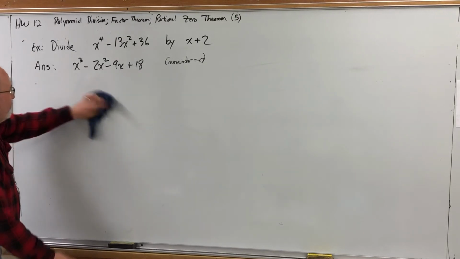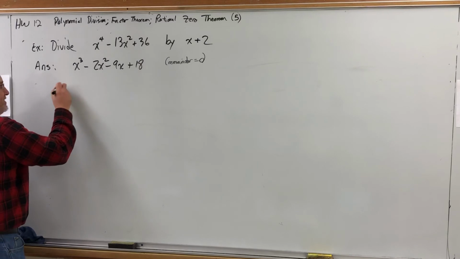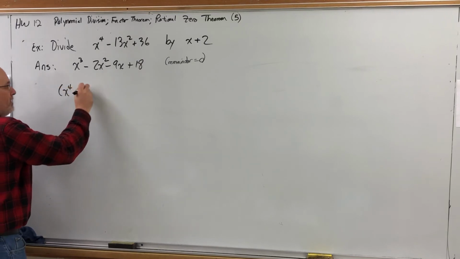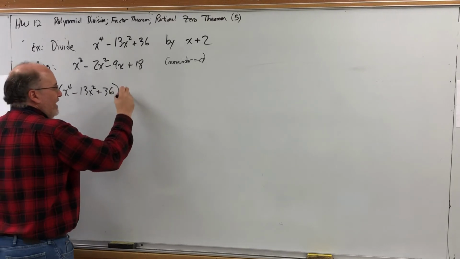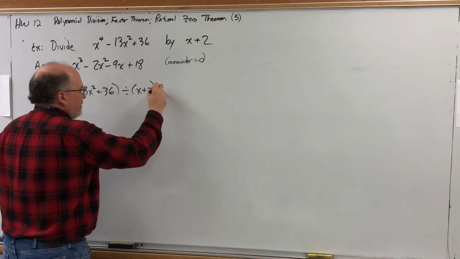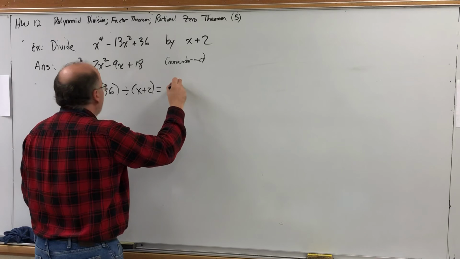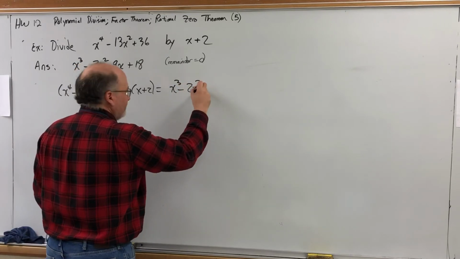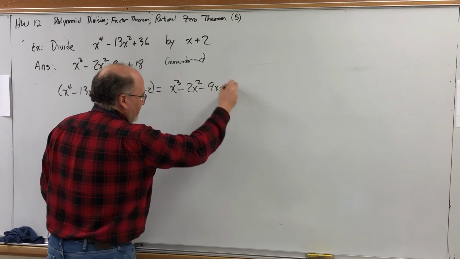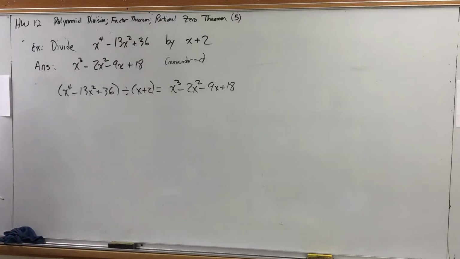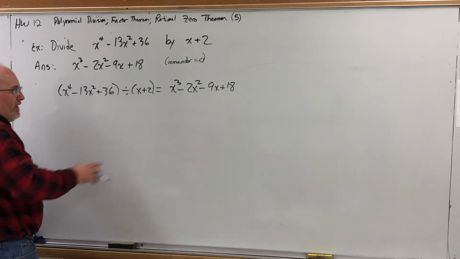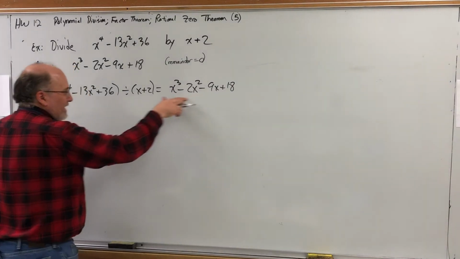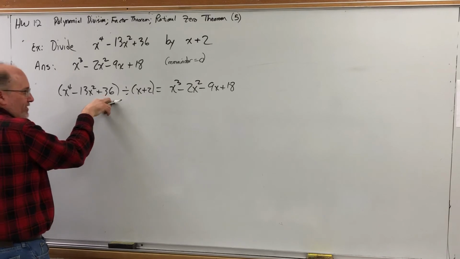If we have a polynomial division problem, in this case, x to the 4th minus 13x squared plus 36 divided by x plus 2 is equal to x to the 3rd minus 2x to the 2nd minus 9x plus 18, any polynomial division problem with a remainder of 0 can be rewritten as a multiplication problem by multiplying the quotient times the divisor, and it equals the dividend.